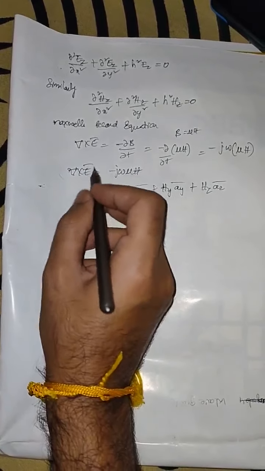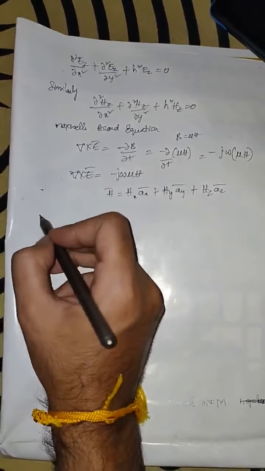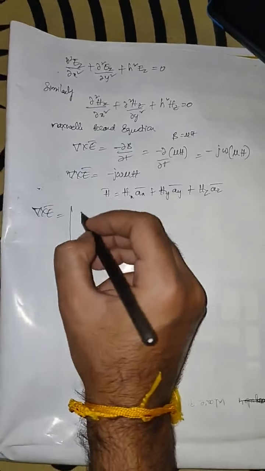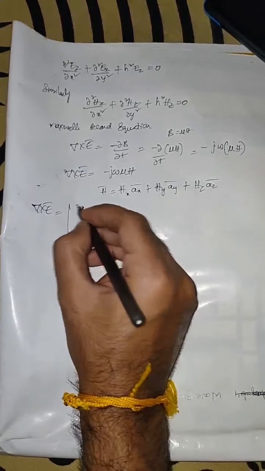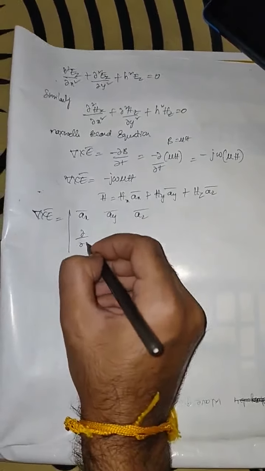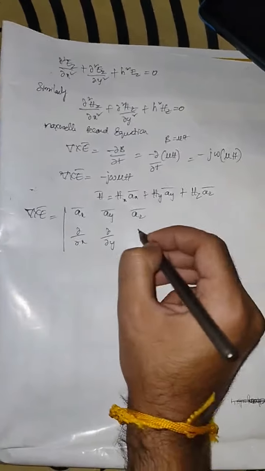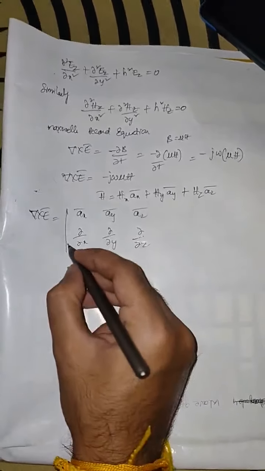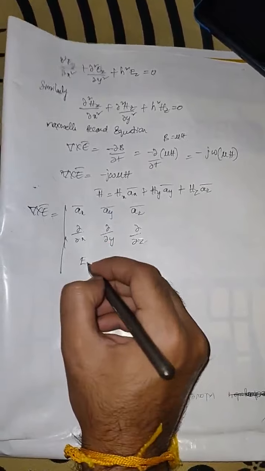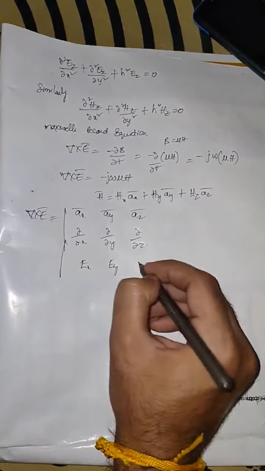Curl of E bar can be written in terms of the Cartesian coordinate system as a determinant with ax, ay and az, then ∂/∂x, ∂/∂y, ∂/∂z, and then Ex, Ey and Ez.